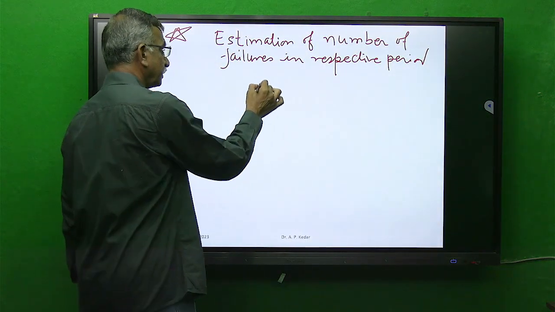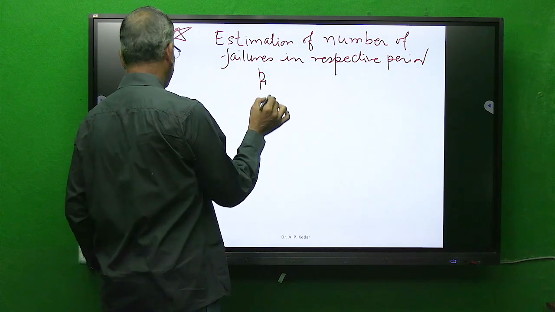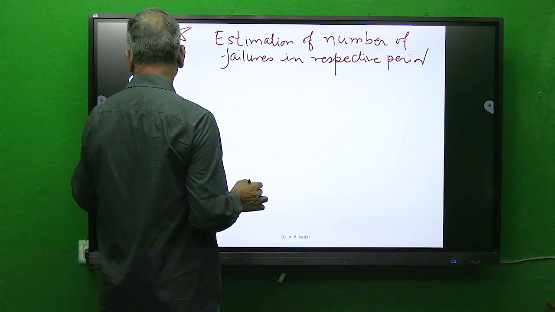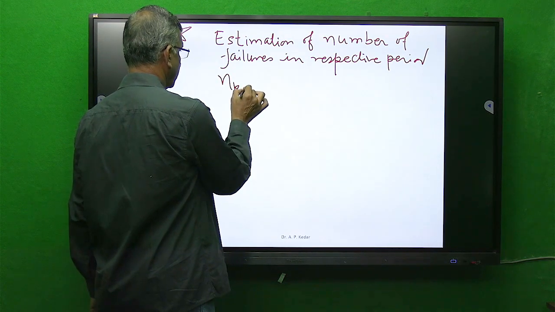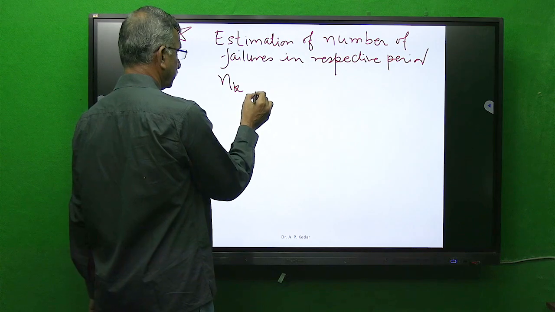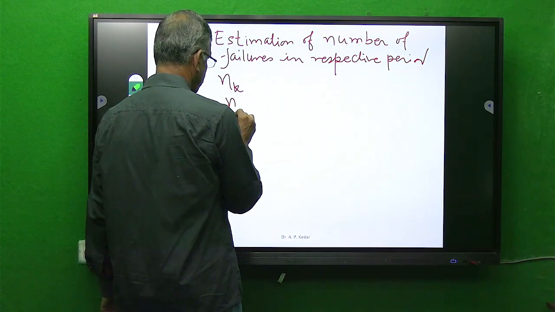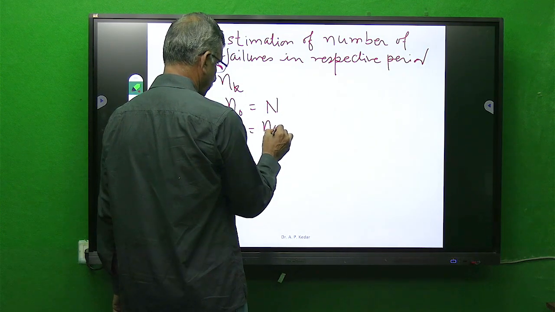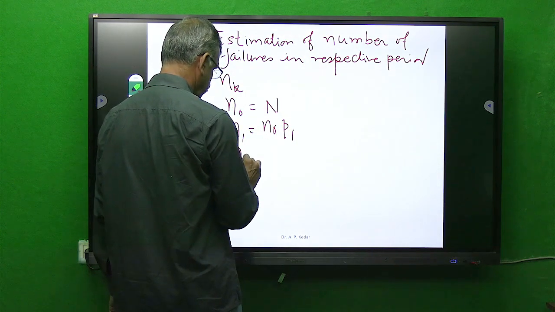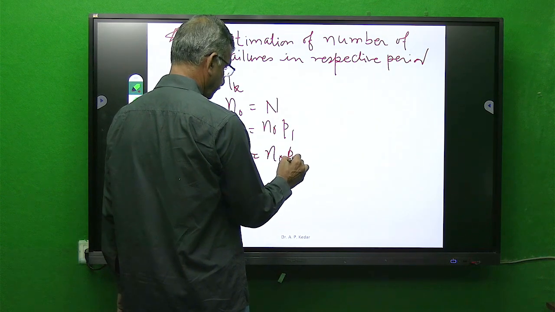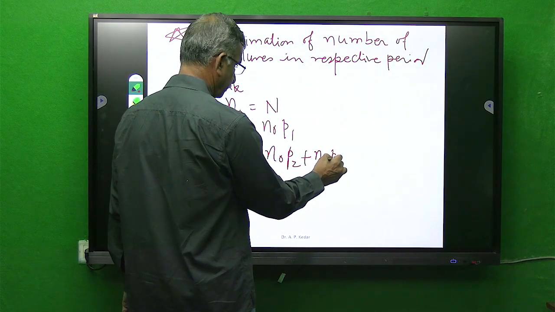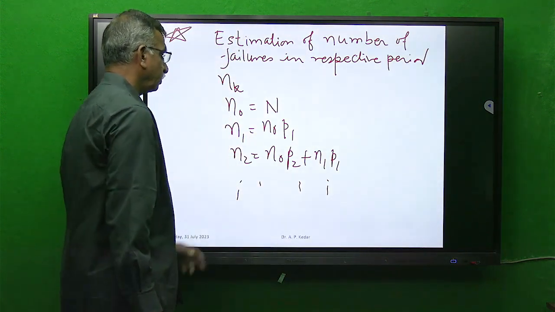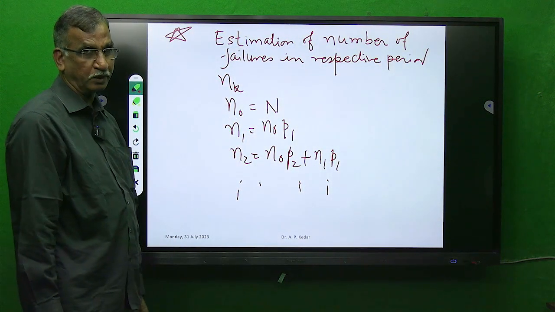We have abbreviated it as NK. If you recall, we wrote N0 is equal to N, then N1 is equal to N0 P1, N2 is equal to N0 P2 plus N1 P1. Like that, we have seen how to evaluate the number of failures in each time period.